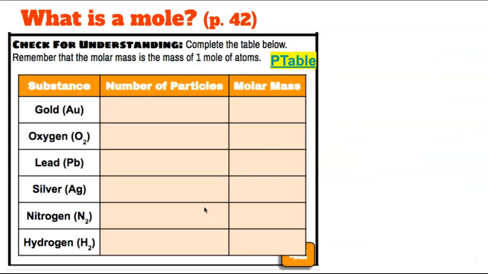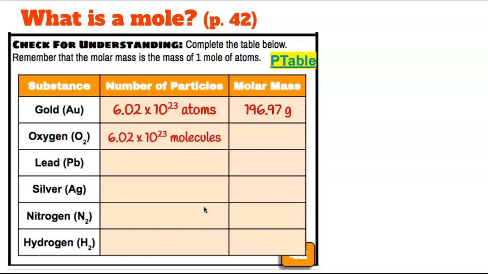If we take a look, a mole of gold, 6.02 times 10 to the 23rd atoms, is going to weigh 196.97 grams. We get that from looking at the periodic table. Oxygen, 6.02 times 10 to the 23rd molecules of oxygen, weighs 32 grams.